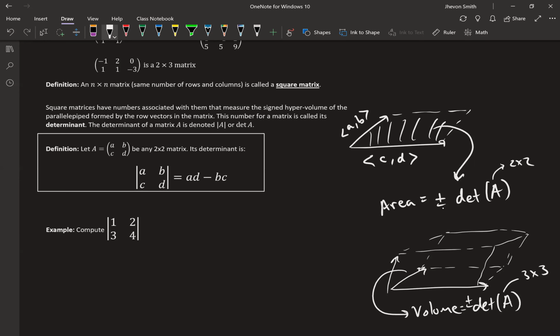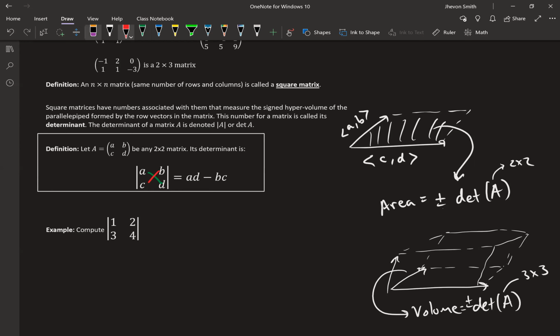So let's say I have a 2x2 matrix here, A, B, C, D. The 2x2 determinant is given by this expression here. In other words, if I take this times this, and I subtract that times that, I get an expression called the determinant. This is actually going to be the area of the parallelogram.